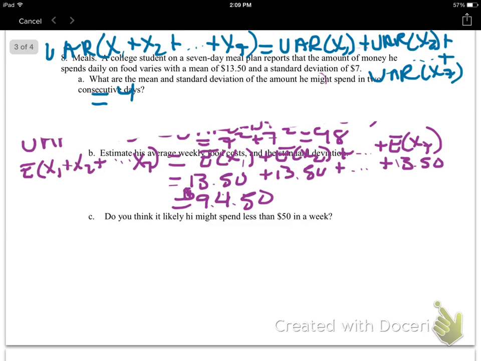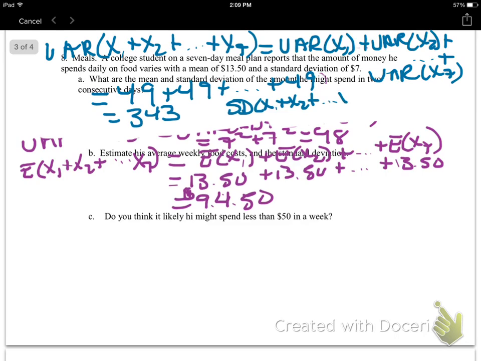So this is equal to 49 plus dot dot dot plus 49, which ends up being 7 times 49. Okay, so I get 343. So the standard deviation of X1 plus X2 plus dot dot dot plus X7 is equal to the square root of the variance. So the square root of that is $18.52.